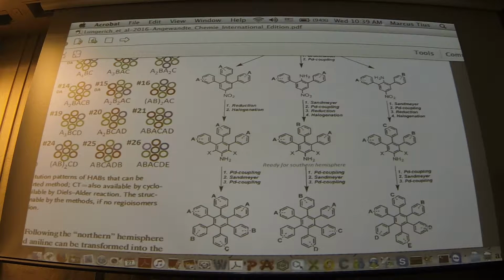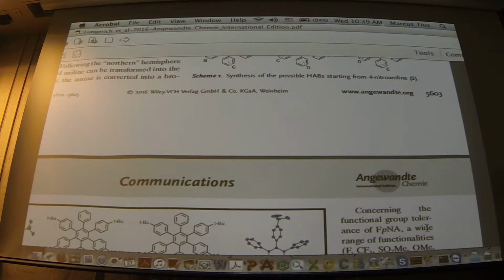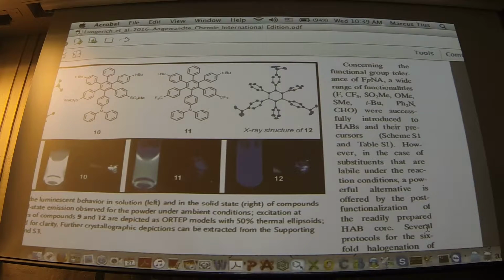Now, this is chemistry that we've talked about in class. The reason I bring this up is because you need to realize that if you were, say, to go on in chemistry, what you should have gotten out of this course would actually serve you quite well. This is a picture of what the fluorescent properties of these compounds look like.